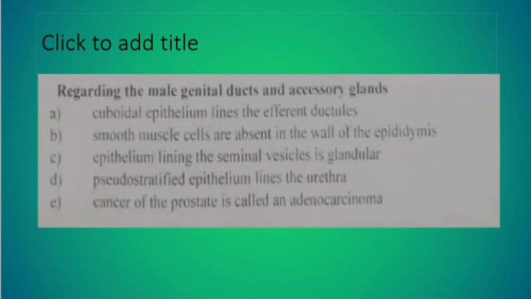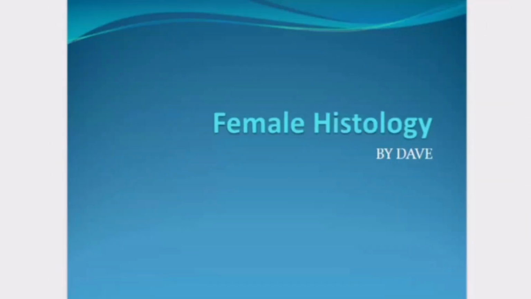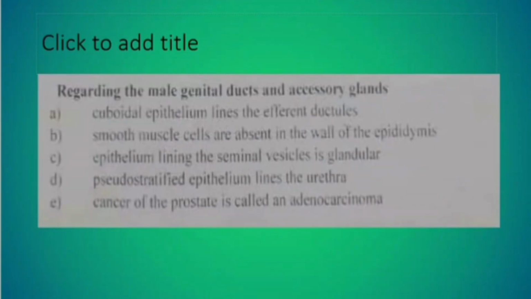Then, regarding male ducts and accessory glands: cuboidal epithelium lines the efferent ductules. This is exactly why I was mentioning that we need to remember the diagram: in the efferent ductules, we have alternating patches of simple cuboidal and simple columnar ciliated epithelia.